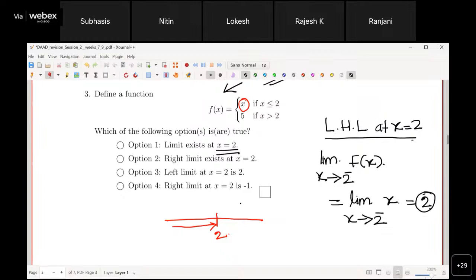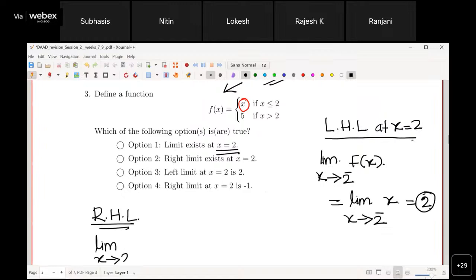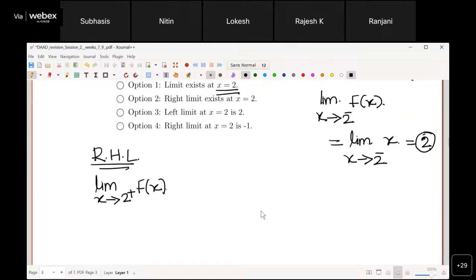The next thing I need to find is the right hand limit. So you write limit of x tending to 2 positive f of x. That is equal to 5. Again, when I'm writing x tends to 2 positive, that means I'm coming to this point 2 from its right.